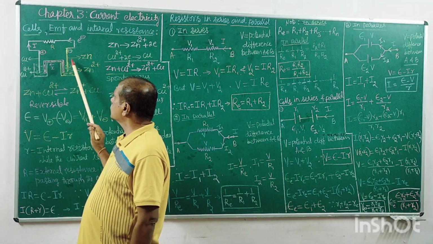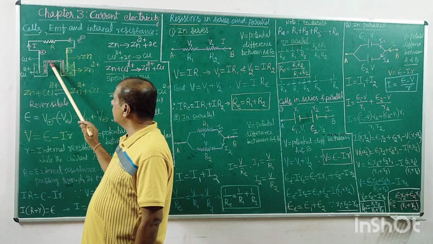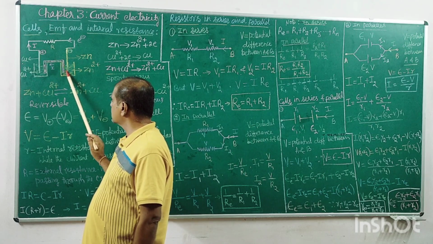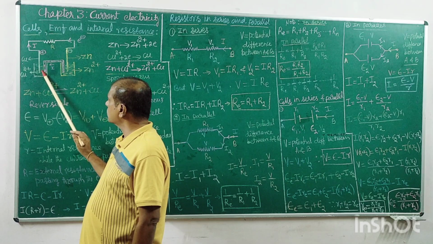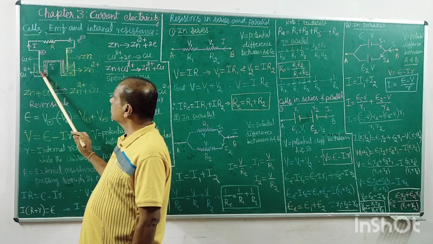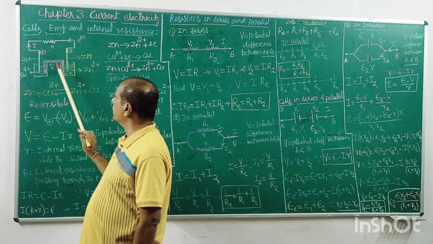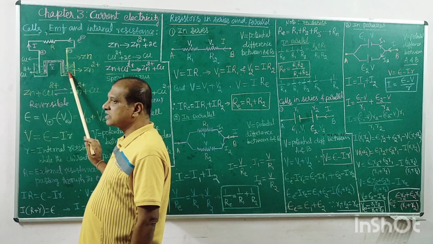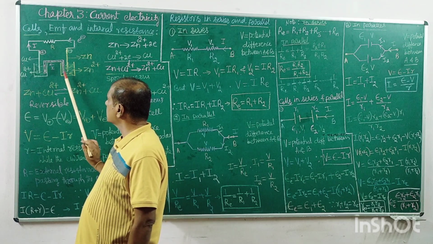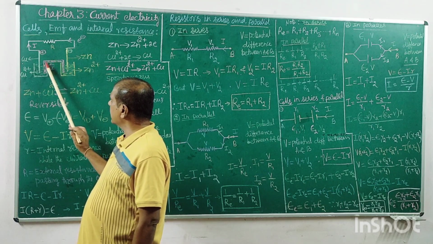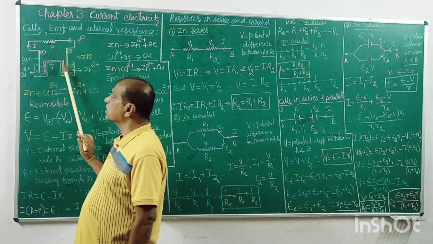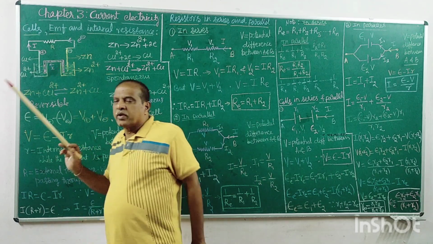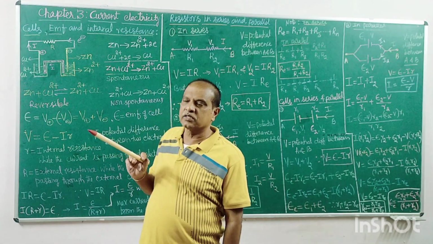Negative ions migrate towards this solution and positive ions migrate to this solution to make up for the loss of copper ions and the excess of zinc ions. So negative ions go this side, positive ions this side. Ions are migrating.